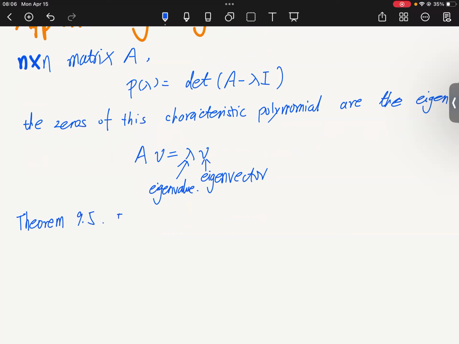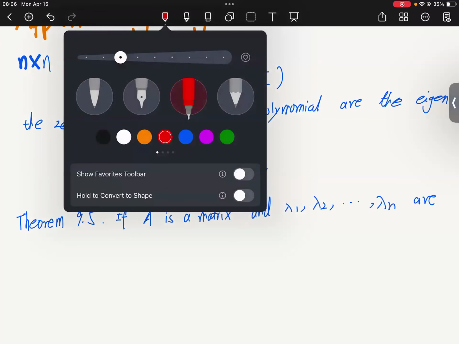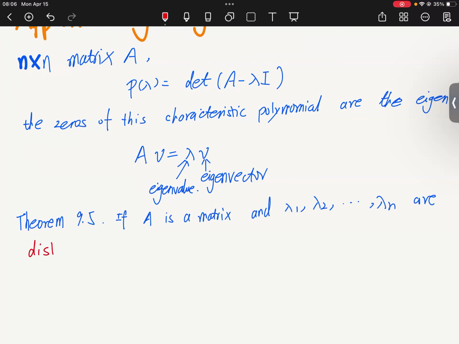It states that if a matrix A has the eigenvalues lambda 1, lambda 2, and then all the way to lambda n, but here we have one special thing: they are distinct.